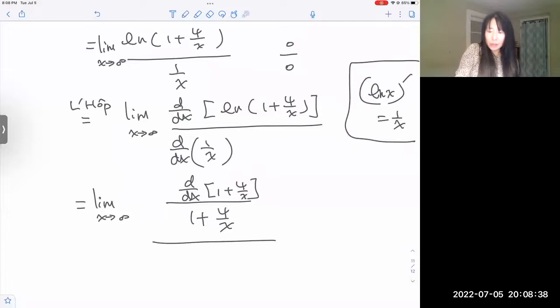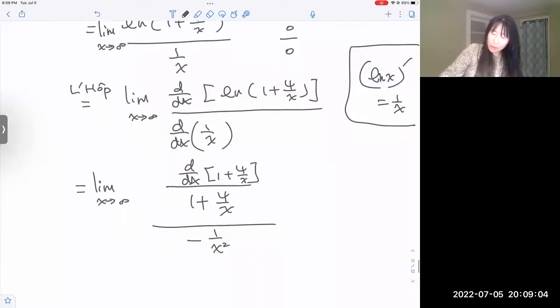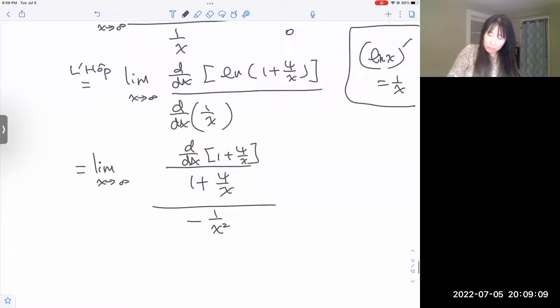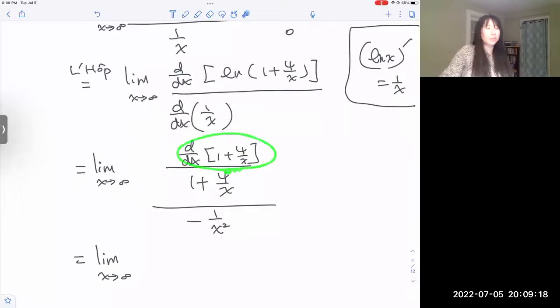What's the derivative of this one? We take the derivative, not the integral. Negative 1 over x squared, right? Then what's the derivative of the inside? We're going to use the chain rule.